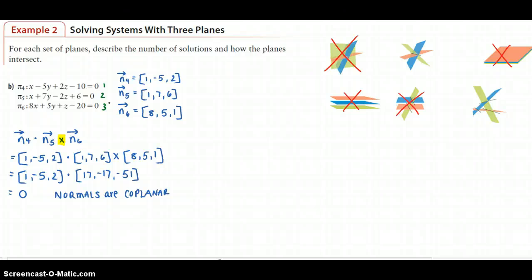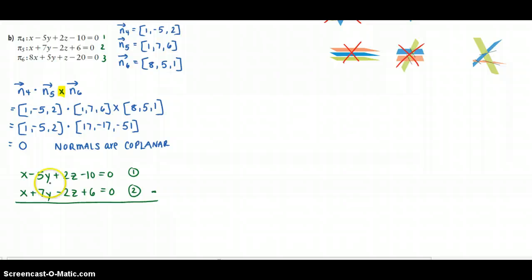So that'll be my first step. Subtracting, I get negative 12y plus 4z minus 16 equals 0. And I can actually make that equation simpler if I divide every term by 4.